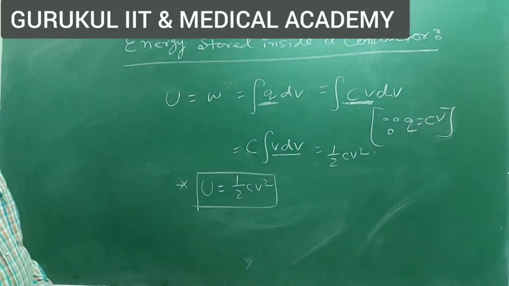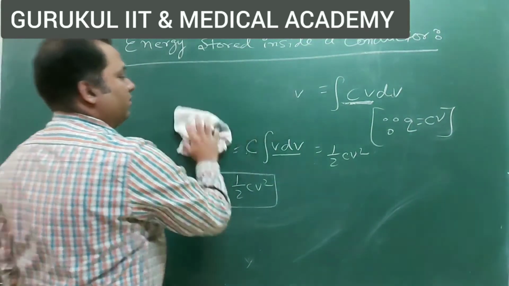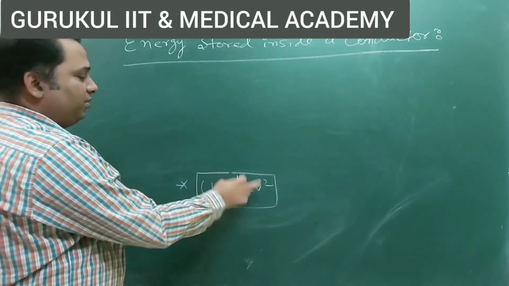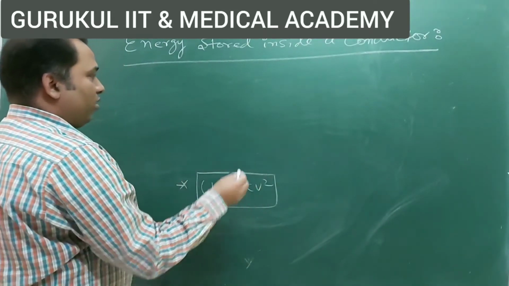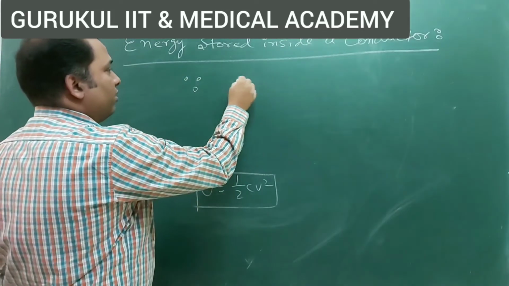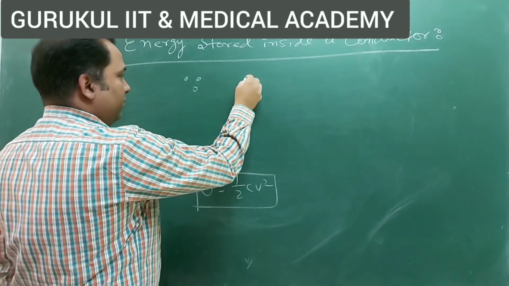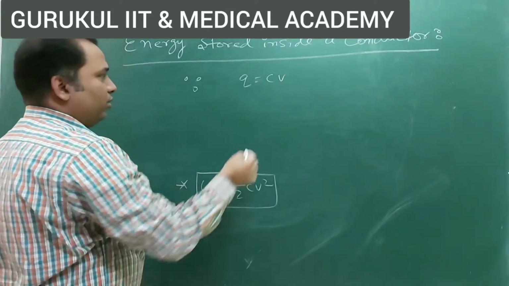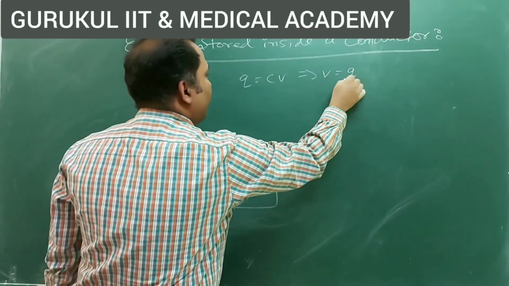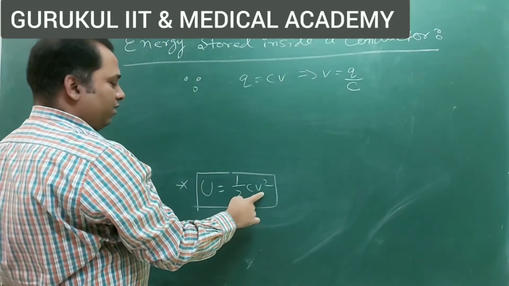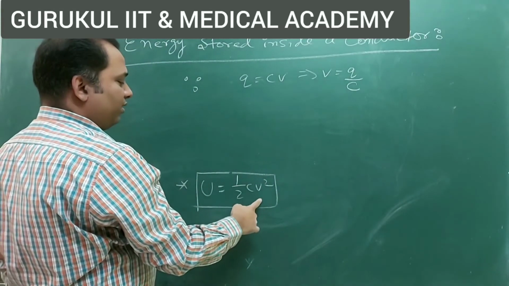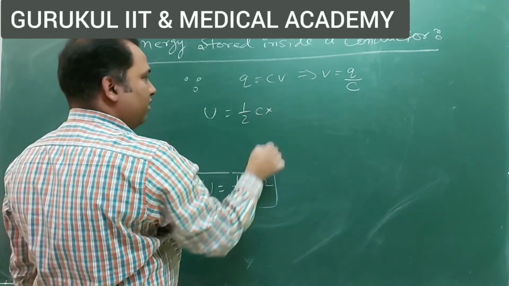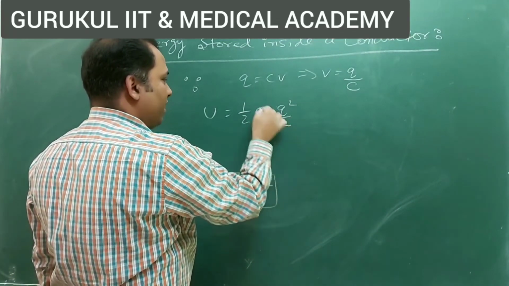Please note down. This is the energy stored inside the conductor: half C V square. Since Q equals CV, V equals Q upon C. Put the value here: half C times Q square upon C square.